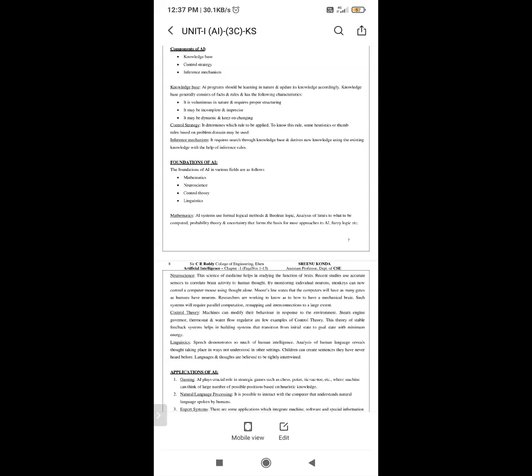Okay, right. So Moore's law states that computers will have as many gates as humans have neurons.